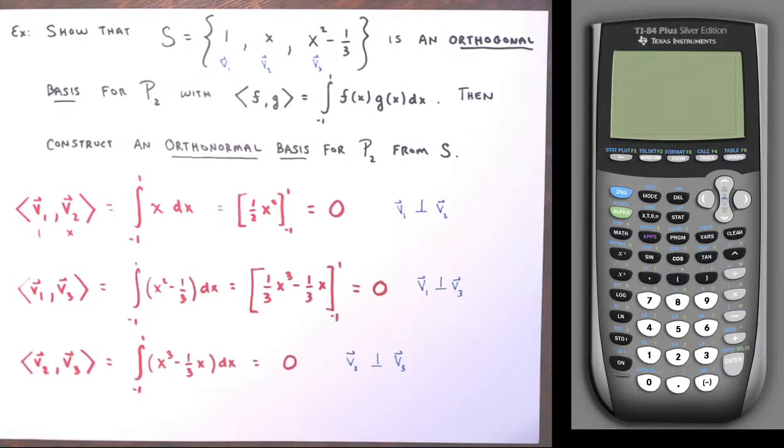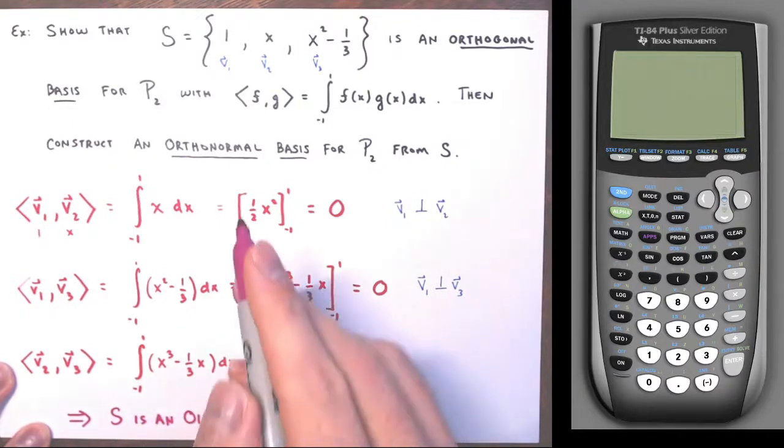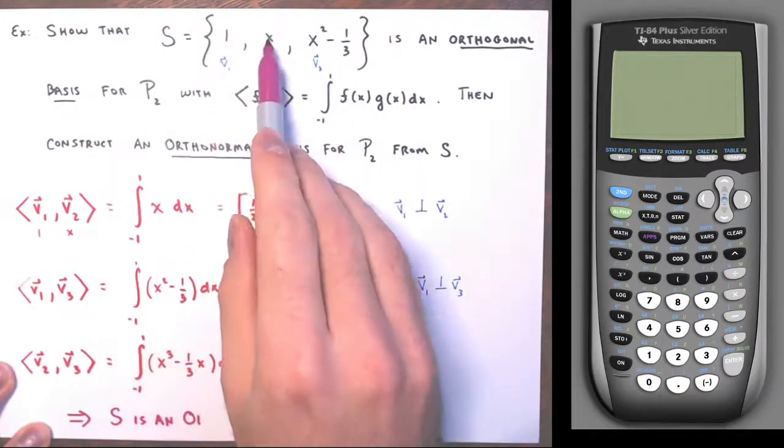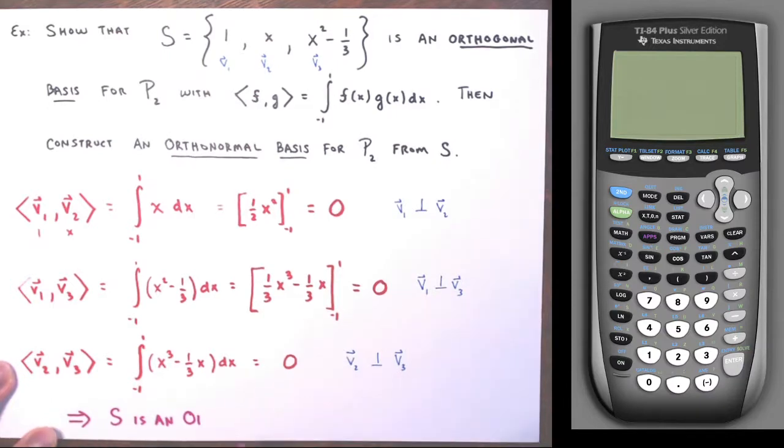So we see now that this set S is an orthogonal set of non-zero vectors. None of these polynomials is the zero polynomial in P2.